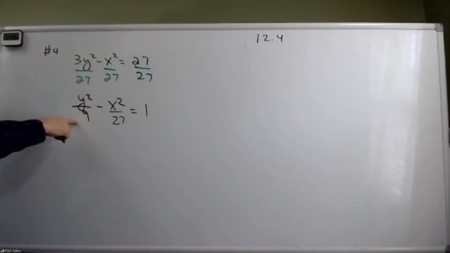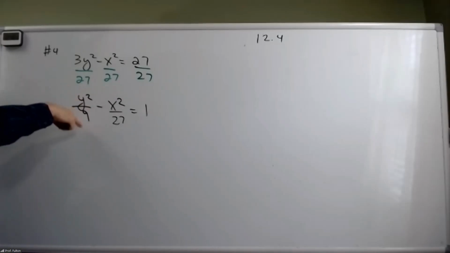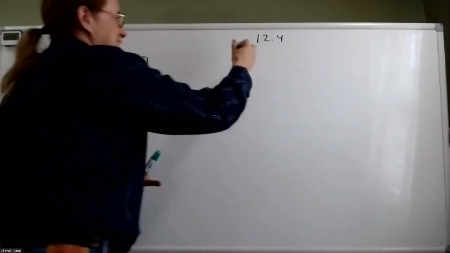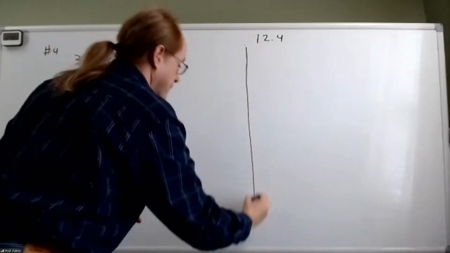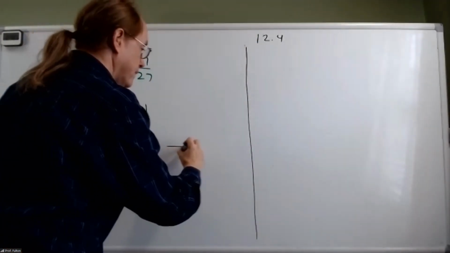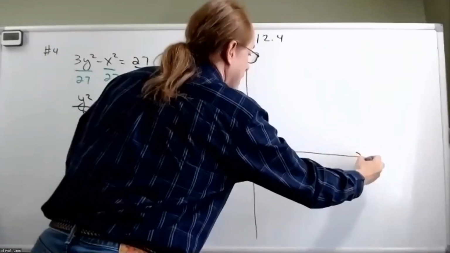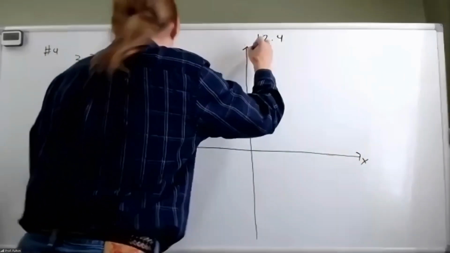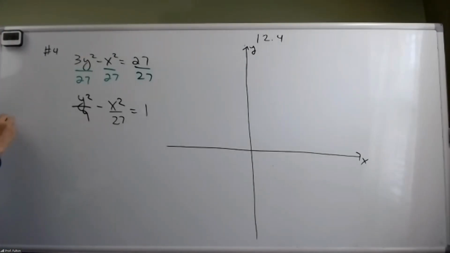Now, in this case, this is my transverse axis. It's the positive one, so it's going to be just the opposite of the way we have the other one. Okay, so a squared is 9, which tells me a is 3. b squared is 27.